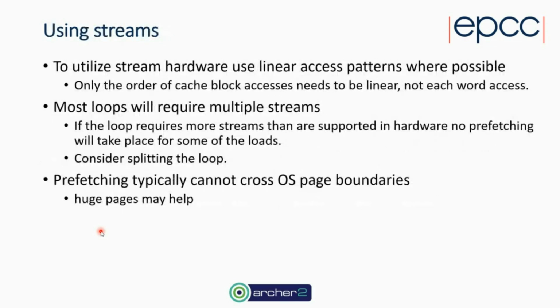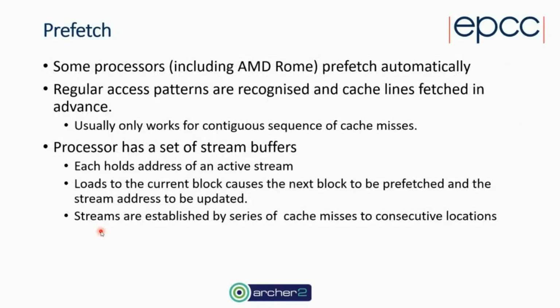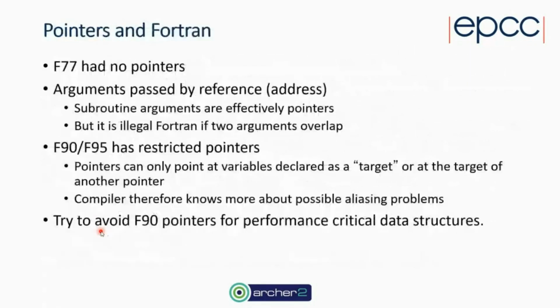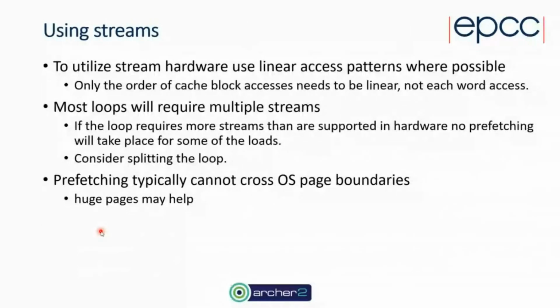But prefetch, you can also do this manually. I don't think we have examples in here, but there are manual programming techniques you can use to specify a prefetch, and they vary from compiler to compiler and system to system.